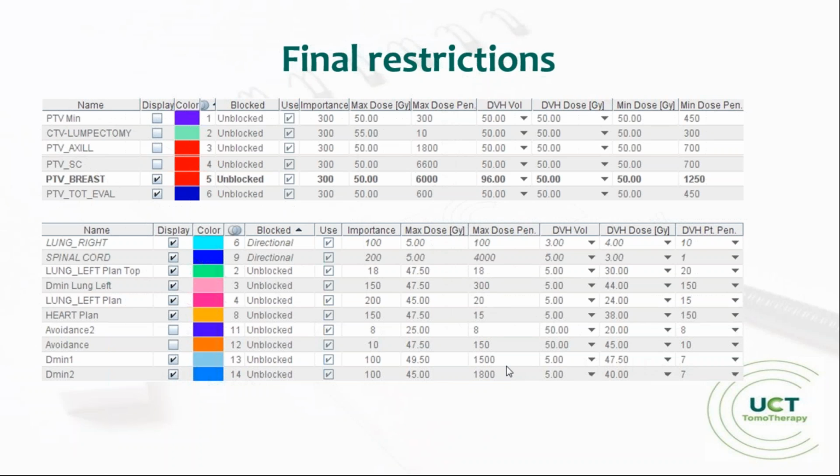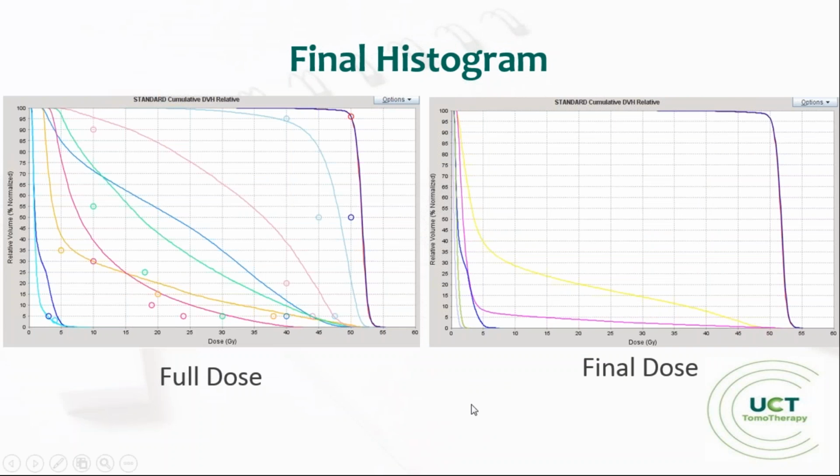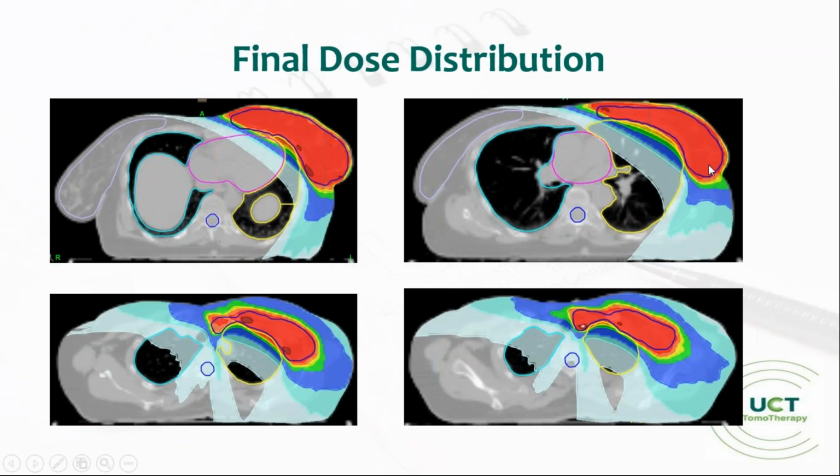So here, this is my final histogram. And this is after full dose calculation, and this is my most final histogram. So what can we see here? Let's see more CT images with dose distribution.